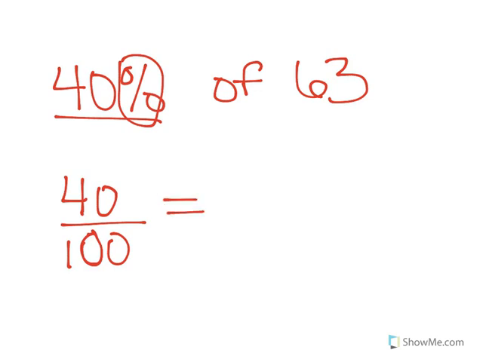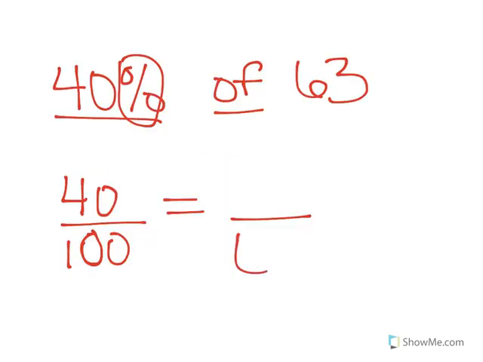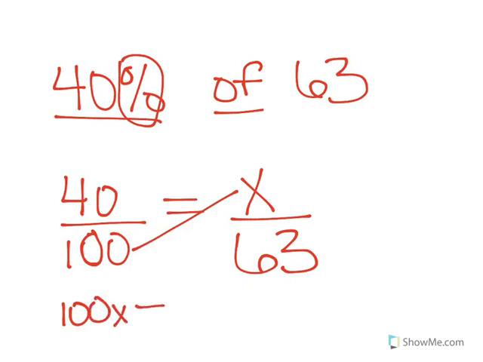And is over of. So the 63, does it go on the top or the bottom? So of 63, of is on the bottom, as you recall. Is over of, so 63, and then I'm going to write my variable. Now, it doesn't matter which variable you use. X is the most common, so then we're going to cross multiply. 100x, and 40 times 63 is 2,520.